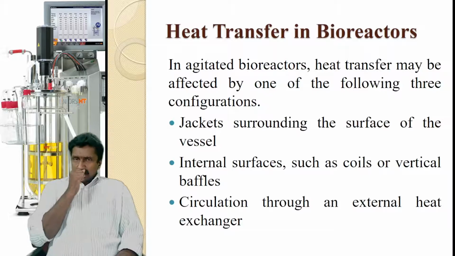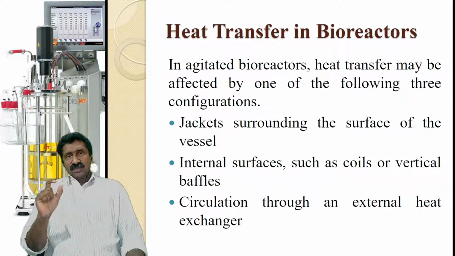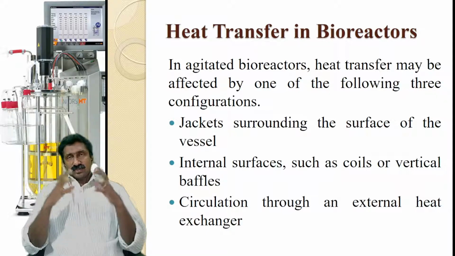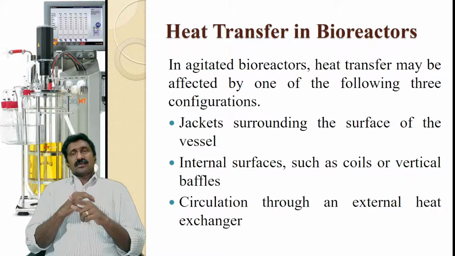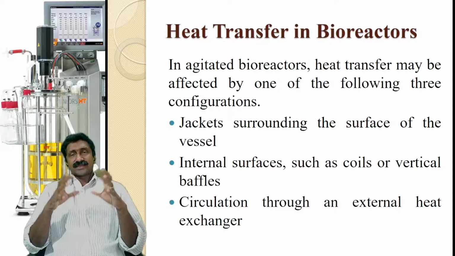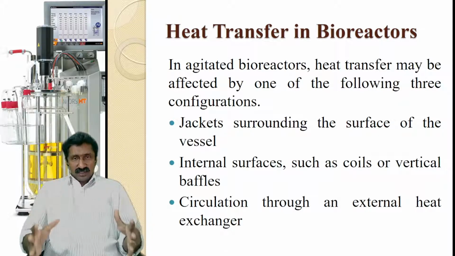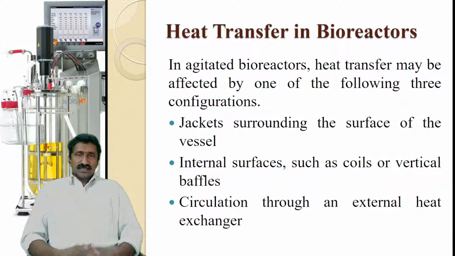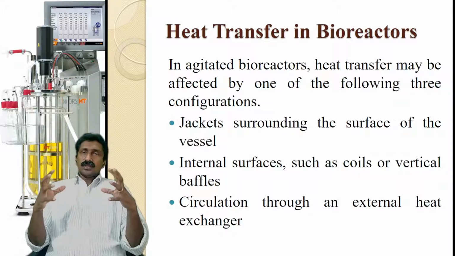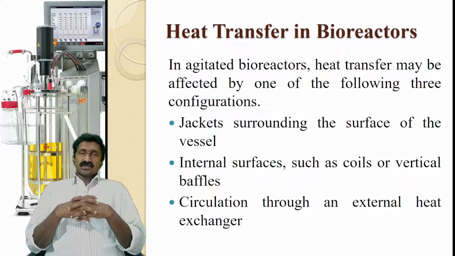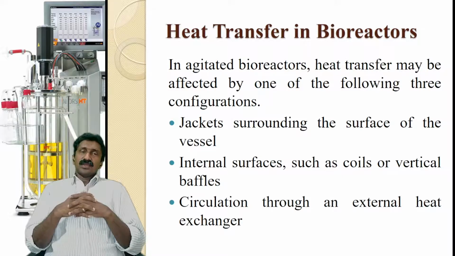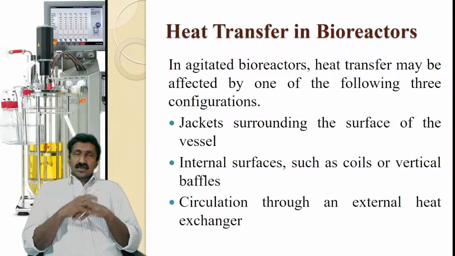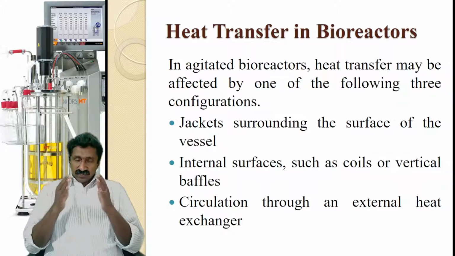Now, in agitated bioreactors, heat transfer may be controlled by one of the three following configurations. One is a jacket surrounding the surface of the vessel. That is an external jacket surrounding the entire fermenter vessel, so that this externally supplied cooling jacket will cool down the temperature rise in the fermentation broth. The second one is internal surfaces such as coils or vertical baffles, which are present within the system.